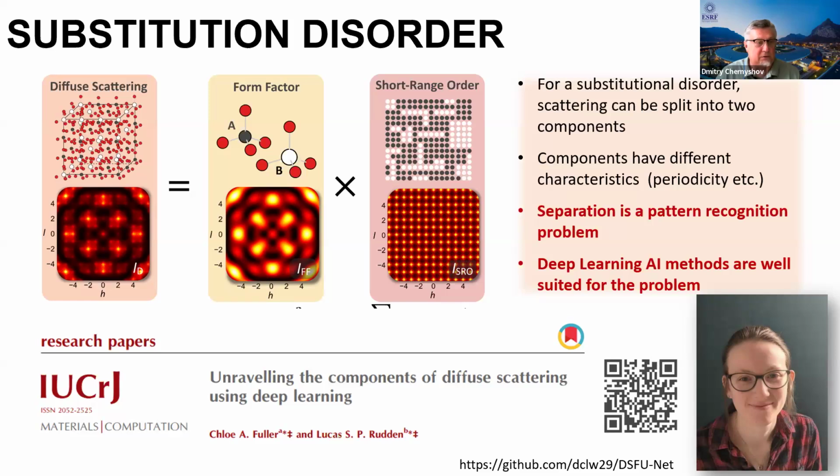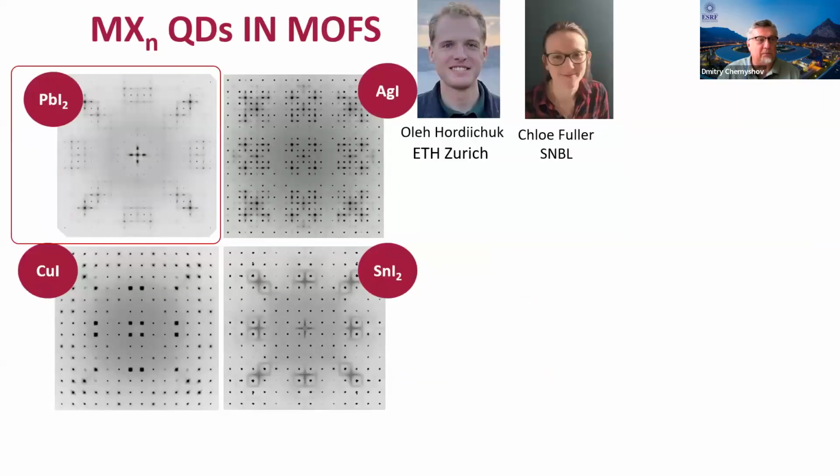Now I show you how it works with the problem of correlated arrays of quantum dots inside MOFs. It's quite an interesting problem in itself to grow correlated arrays of small semiconducting nanoparticles. One of the approaches is to synthesize them like we build a ship in a bottle, in the pores of a porous material like metal organic frameworks.